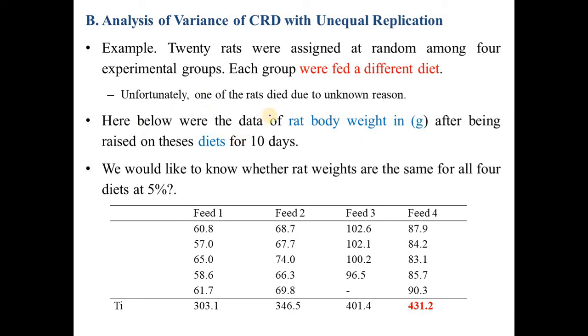Below are the data of rat body weight in grams after being raised on these diets for 10 consecutive days. That means the experimenter allowed the rats to eat different diets for 10 days and measured their body weight, in order to compare the effect of the different diets on the body weight of the rats.